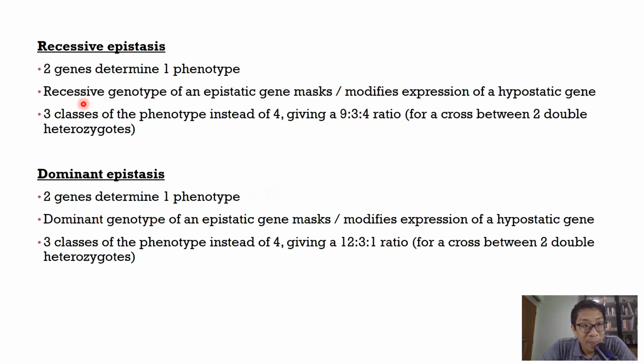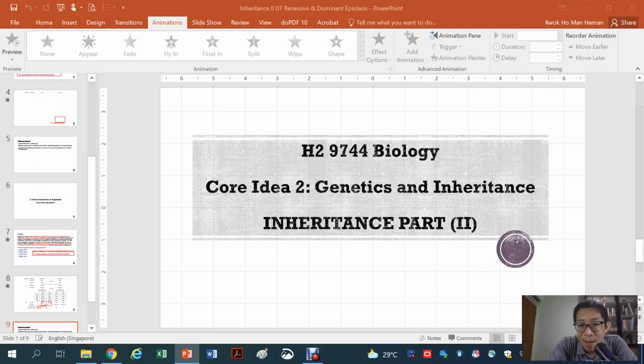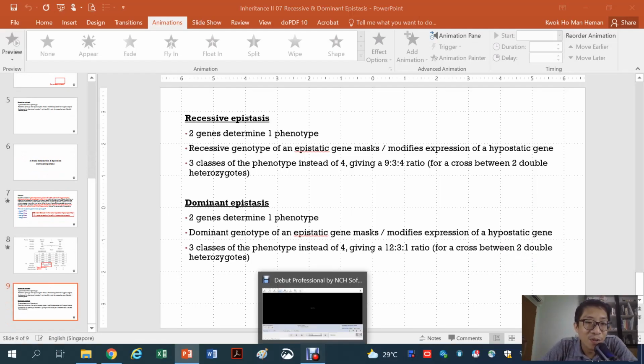Unlike recessive epistasis, in this case, because it's dominant epistasis, it is a dominant genotype of one gene masking the other gene. So instead of 9:3:3:1, you have 12:3:1. Okay, so that would be recessive and dominant epistasis, two examples of epistasis.